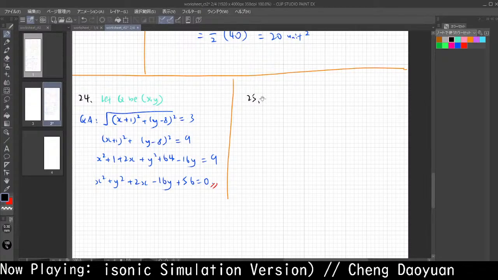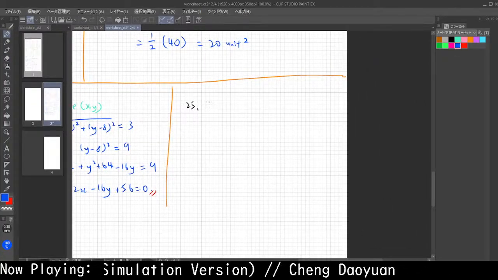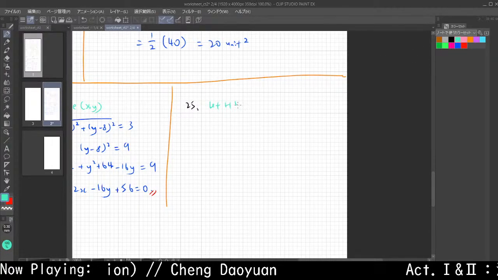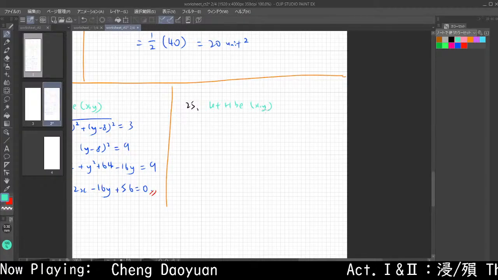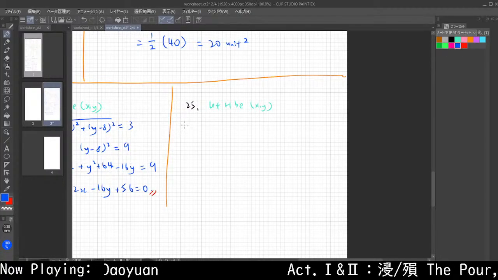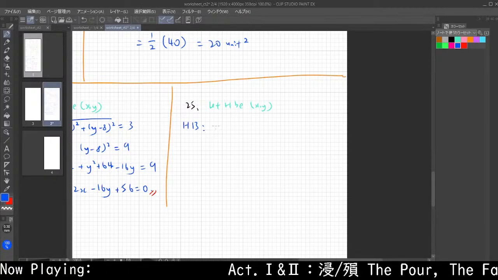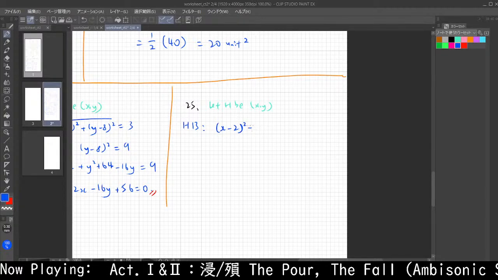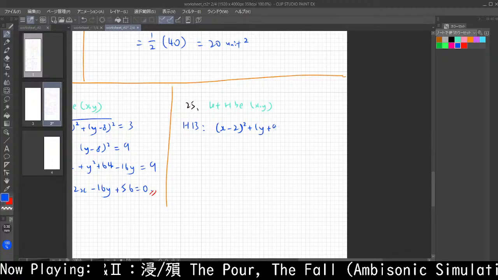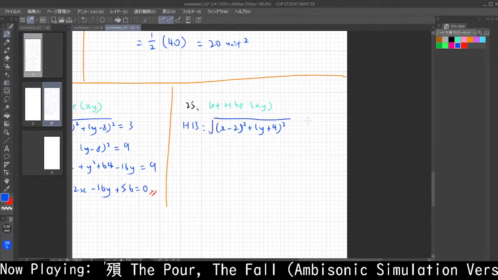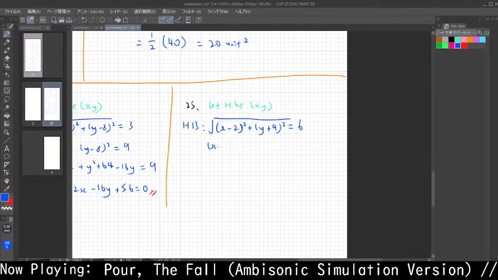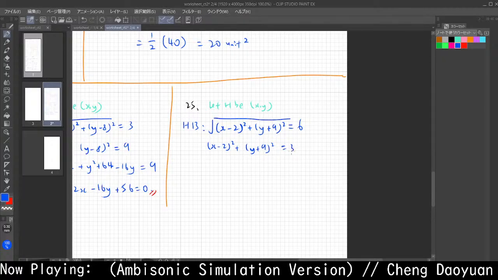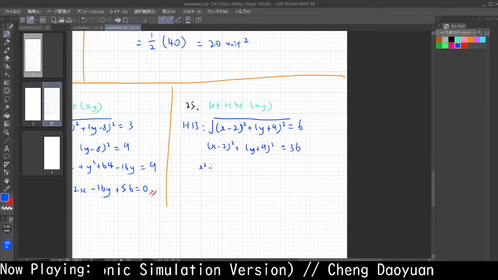This type of question is quite standard, actually, not gonna lie. Same thing. Let H be x comma y. So HB, distance from H to B, minus becomes plus. Square both sides. Expand.